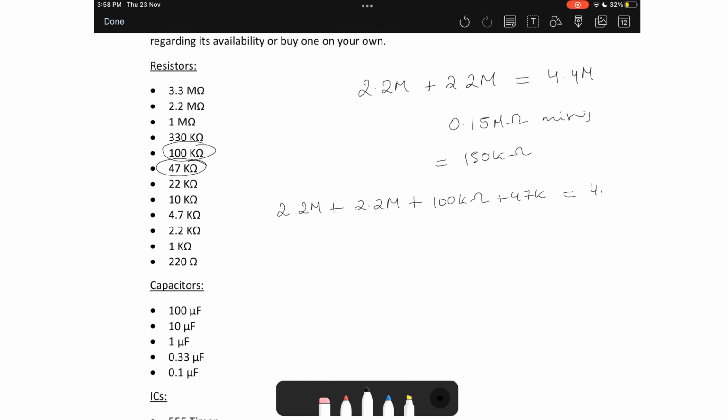I can also calculate the percentage error by seeing how much the value is deviated from the target value, which is 4.54.